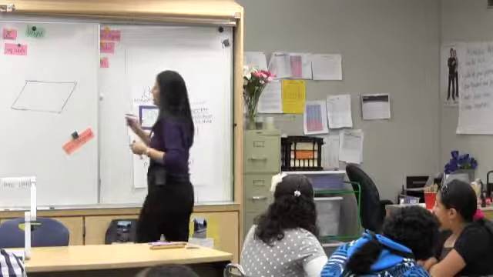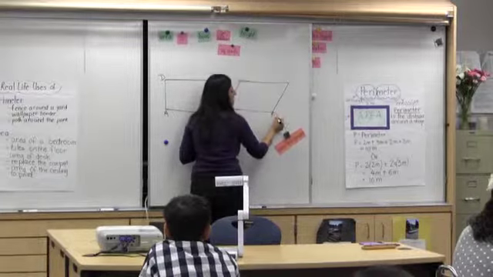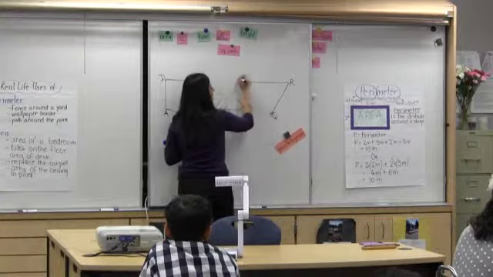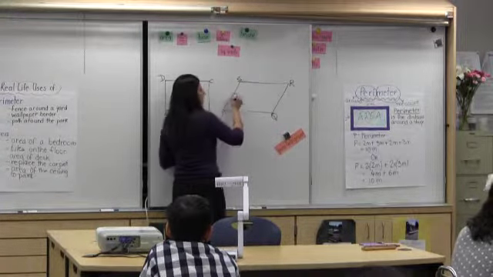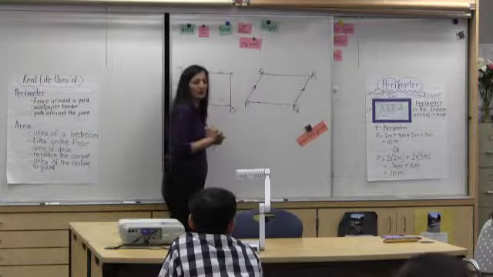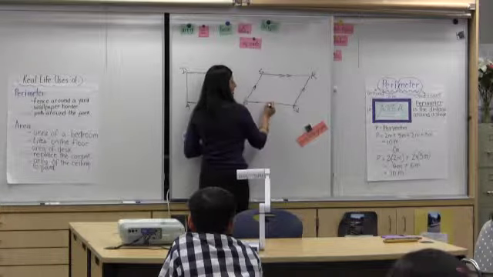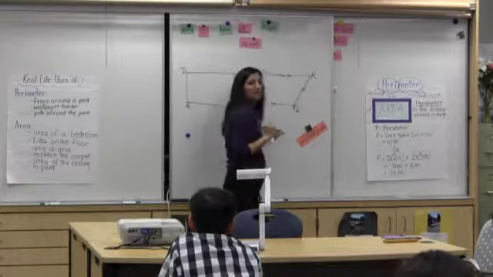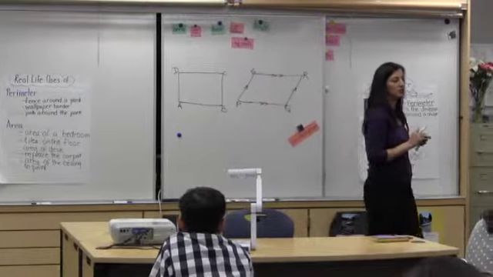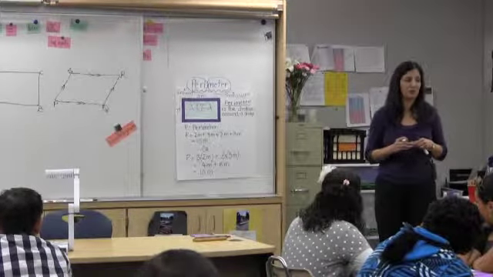So if we look at our parallelogram, and we'll probably label this as P, Q, R, S, then we notice that this side is parallel to this side, okay? And this side is parallel to this side. And this shape, which has two pairs of parallel sides, is called a parallelogram, okay?